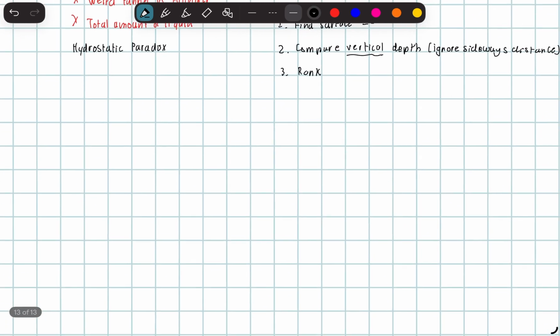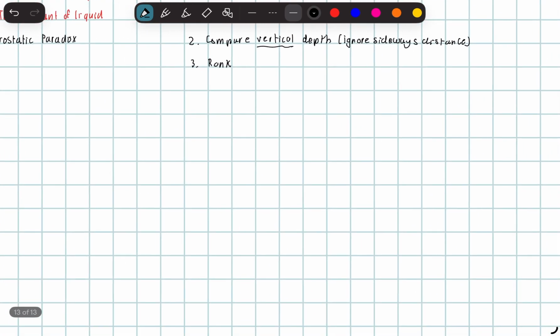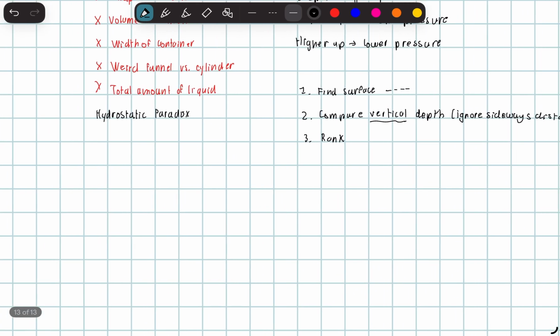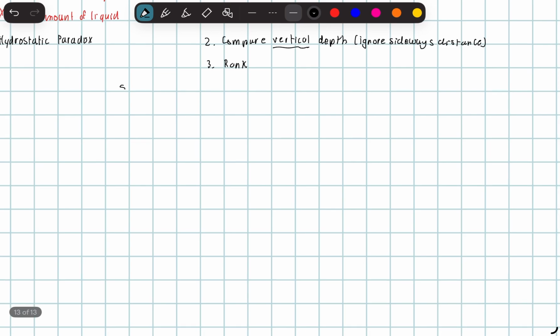So remember that as long as they are on the same horizontal line, they have the same pressure.